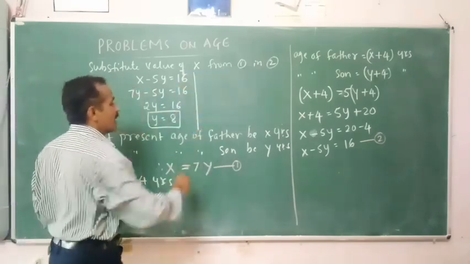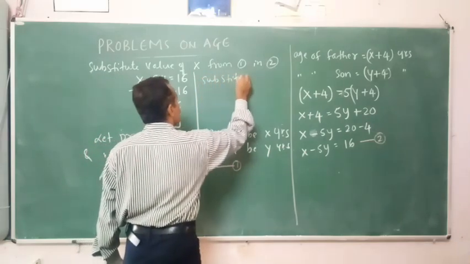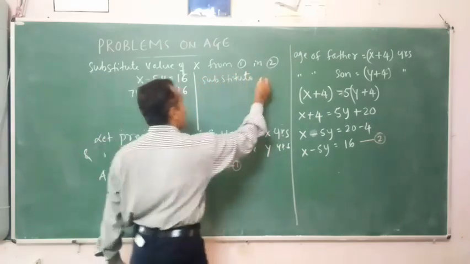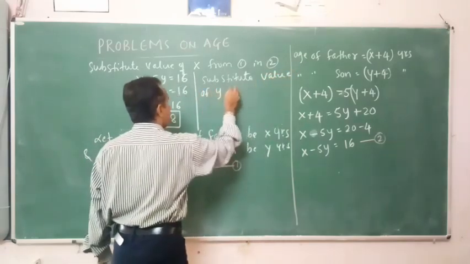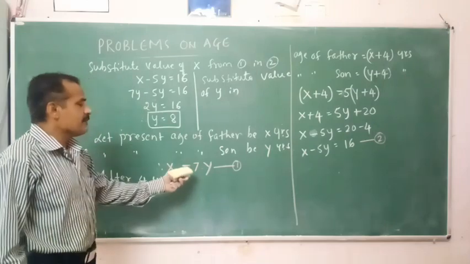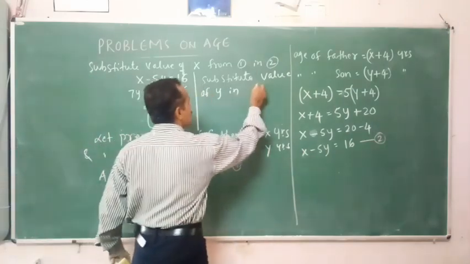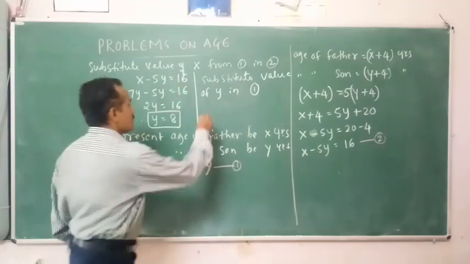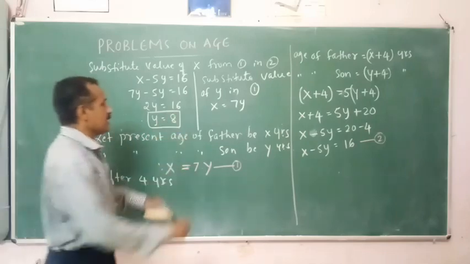Now I have to find the value of x. Substitute the value of y in any one of the equations, either equation 1 or equation 2. I will say equation 1. X is equal to 7y. Value of y is equal to 8.